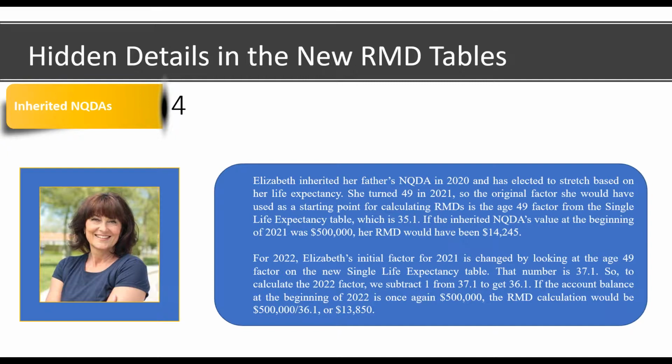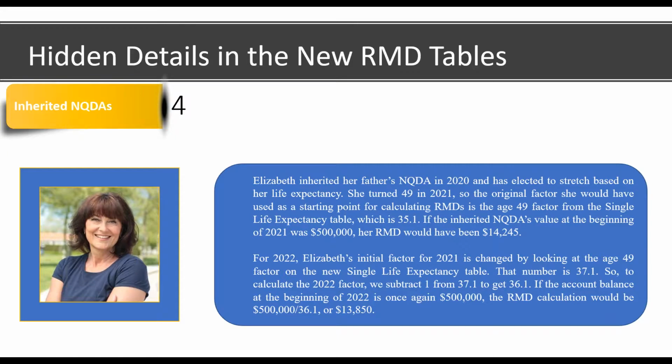So in Elizabeth's case, even though her father passed in 2020 and the Secure Act is effective for deaths of account owners for 2020 or later, the Secure Act does not affect the rules with regard to inherited non-qualified annuities. And so we still have the ability, even under non-qualified annuities that are inherited this year or later, to have the non-spouse beneficiary stretched based on life expectancy. So Elizabeth falls into that category.